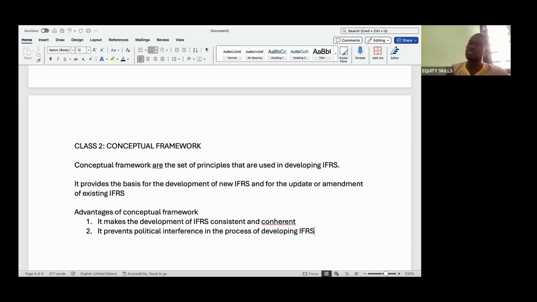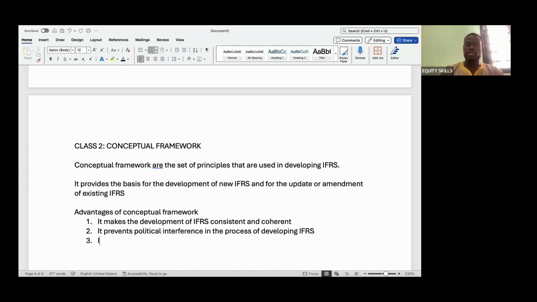But that is not possible because we have a set of principles already, the conceptual framework that we use. So nobody can come and tell us, why don't you? We have a basis for everything. So it prevents any external or political interference.